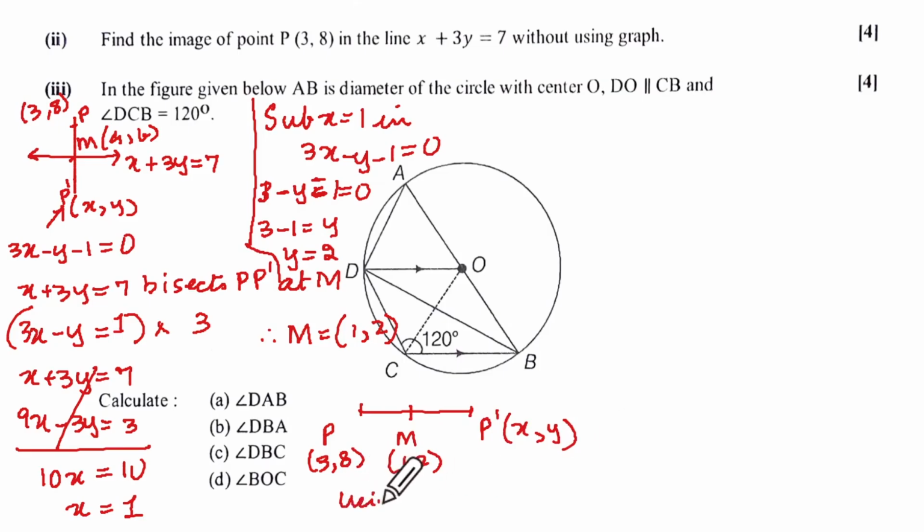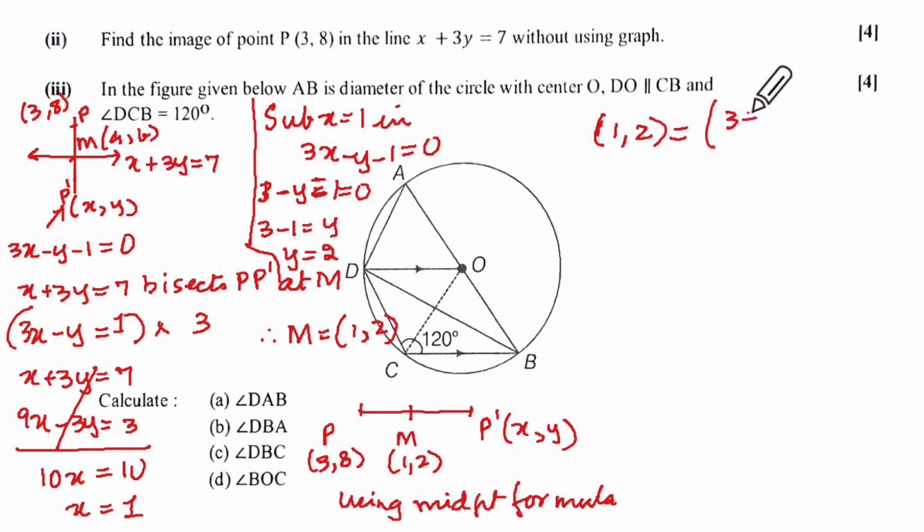Now using the midpoint formula, I will say 1 comma 2 is equal to 3 plus x upon 2 and 8 plus y upon 2.